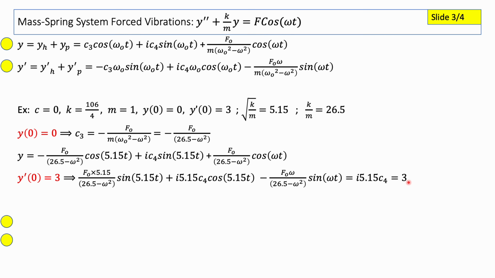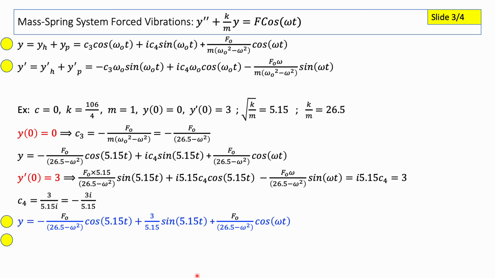So iC4 equals 3 over 5.15. Or you can write C4 has this imaginary number, and when you multiply it out, the iC4 will become a real number, because i squared is minus 1.